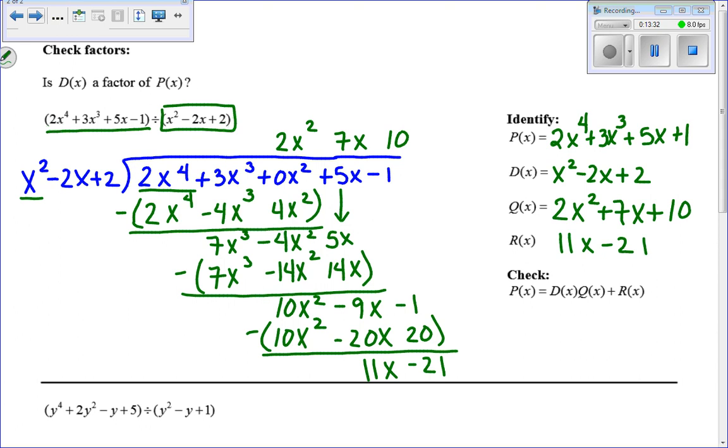Okay, if I were to write my answer, well, first off, is d of x a factor of p of x? No, because we didn't get 0, which means we have a remainder.